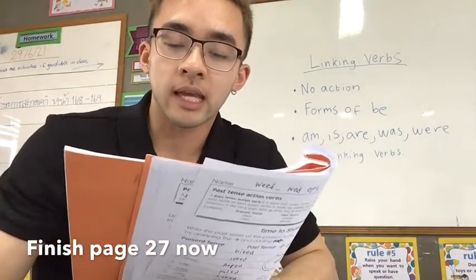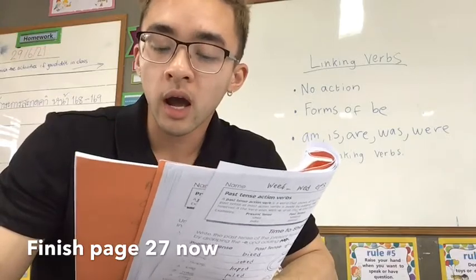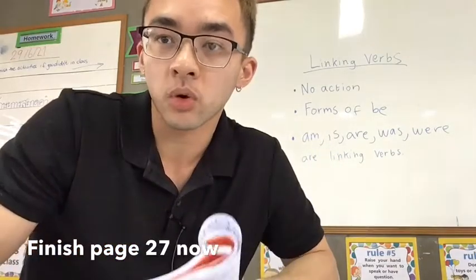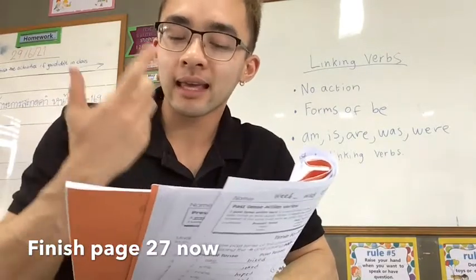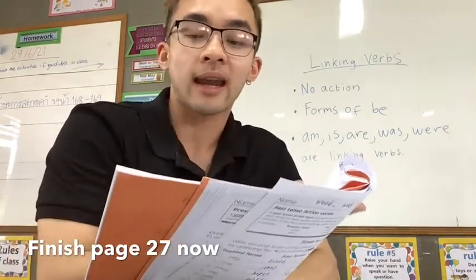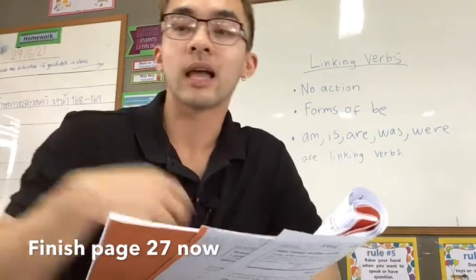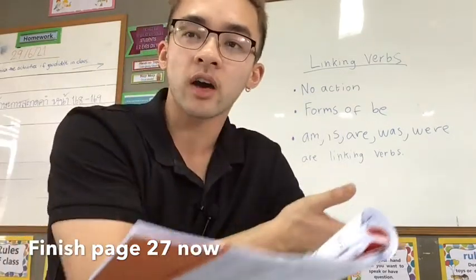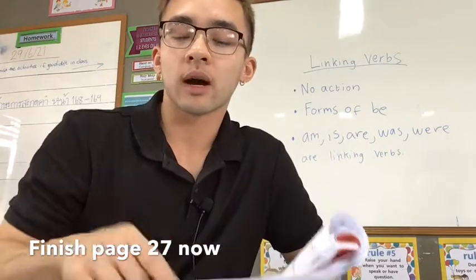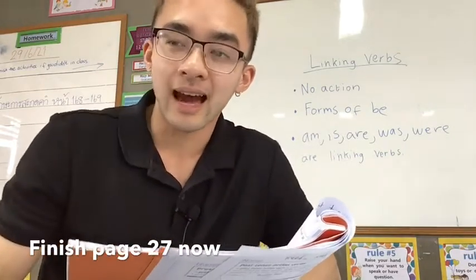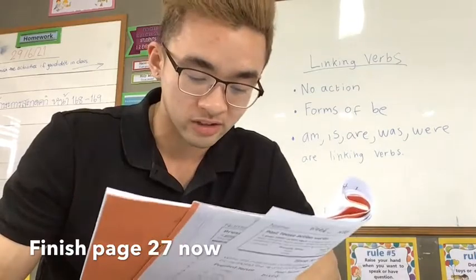There is a word: am, drink, were, chop, was, and talk. Just like in the game we played. Is the word an action verb or a linking verb? You need to read the words, then circle the answer.